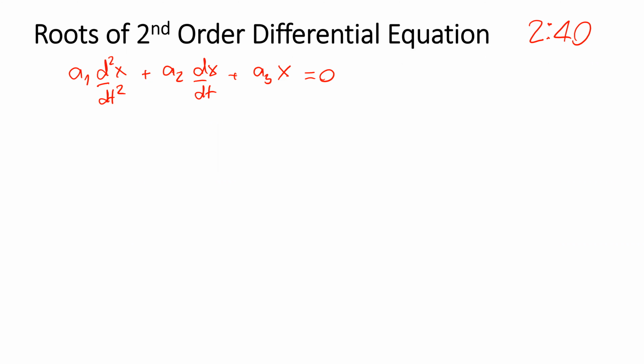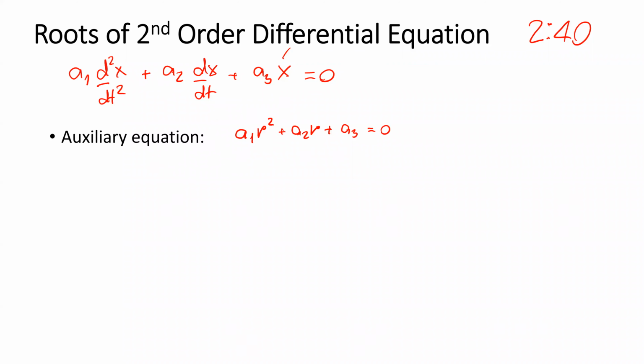We are going to solve this differential equation by using the auxiliary equation, transforming the differential equation to a1 r squared plus a2 r plus a3 with the zero time derivative equal to 0.